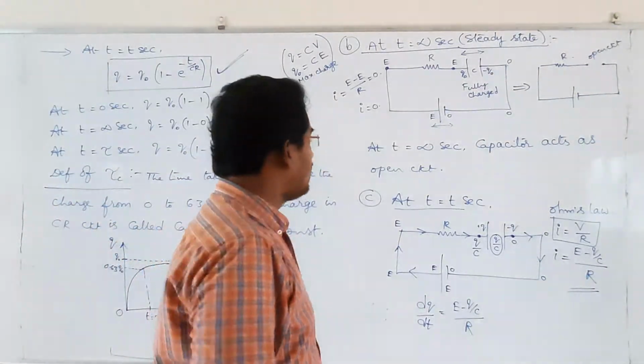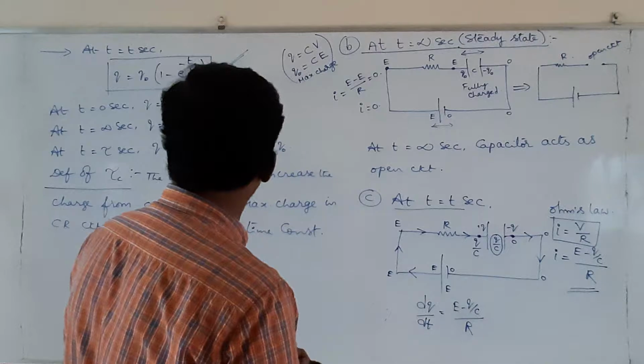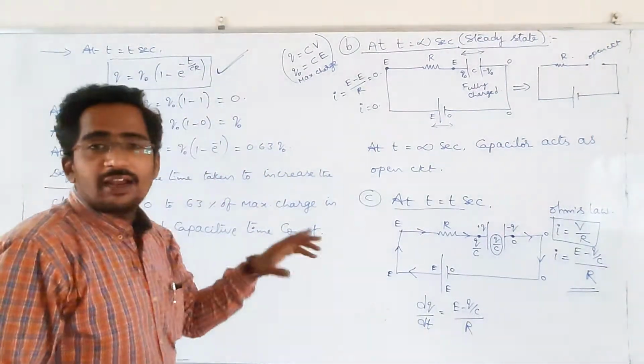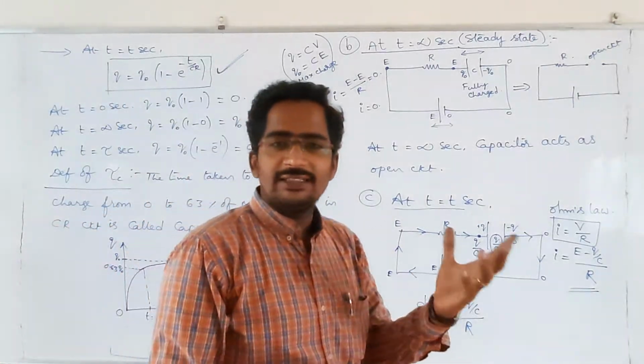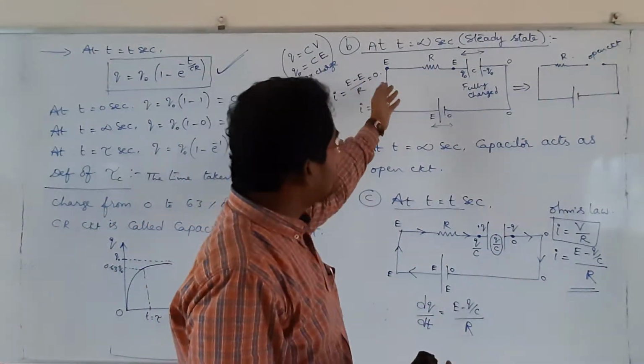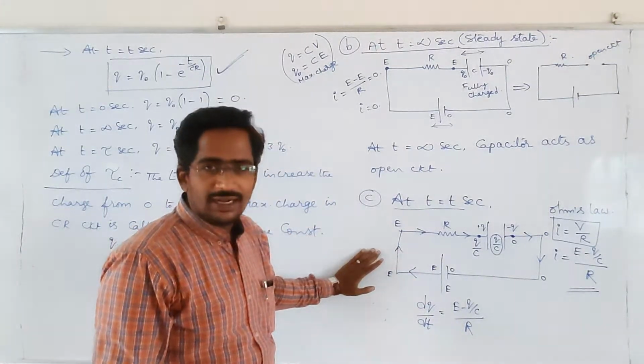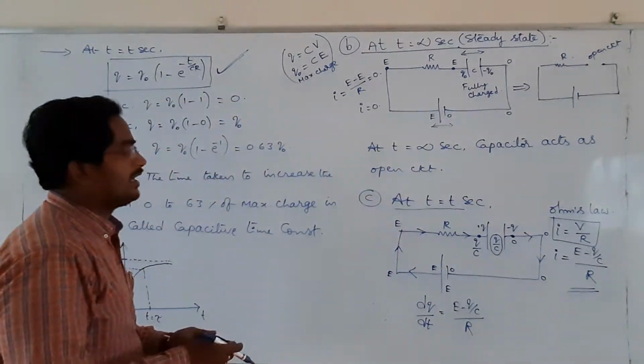After that, we would like to derive an equation of current from this. I want to find the current equation in this circuit at the time of t seconds. So that equation I would like to derive now.